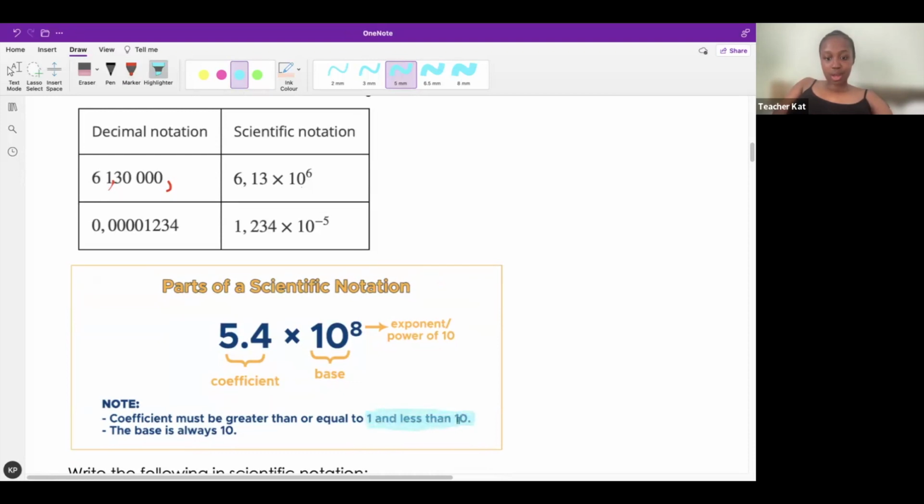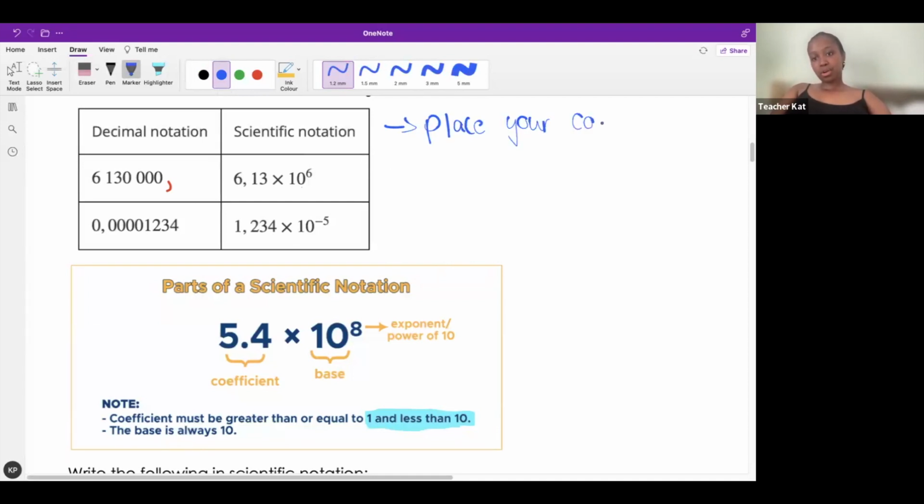So am I allowed to have a coefficient of 61? 61 is definitely greater than 10, right? So my comma cannot be there. It has to be next to the 6. So step 1, when you are doing scientific notation, is you figure out where you place your comma.